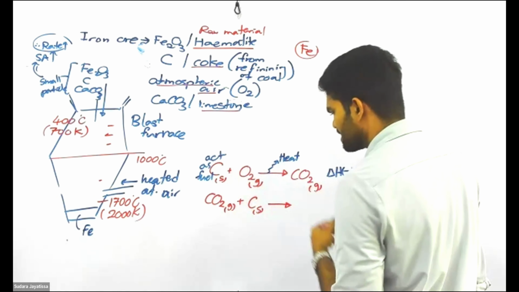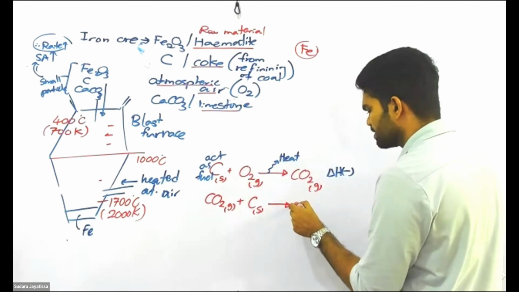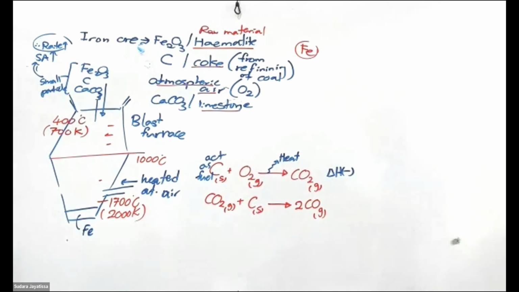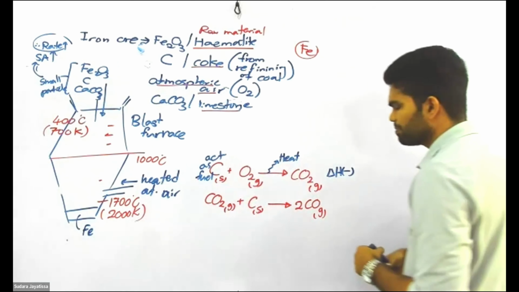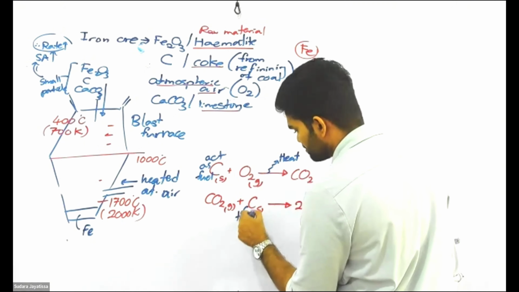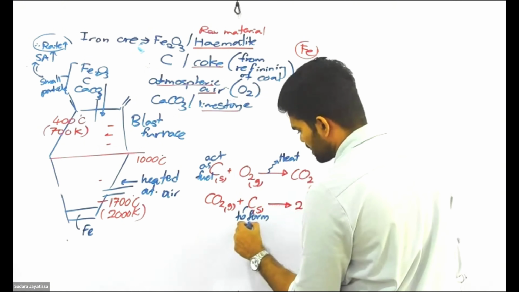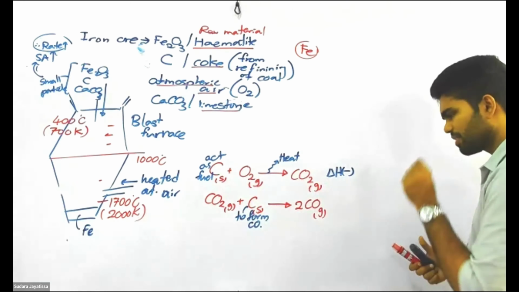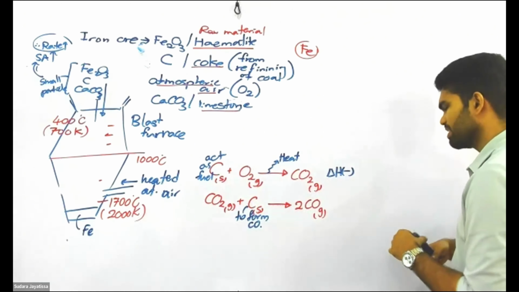So these two things are reacting together to form two carbon monoxide. One part of this coke is spent to form carbon monoxide, CO. Understand? And there's one special thing we must remember today.